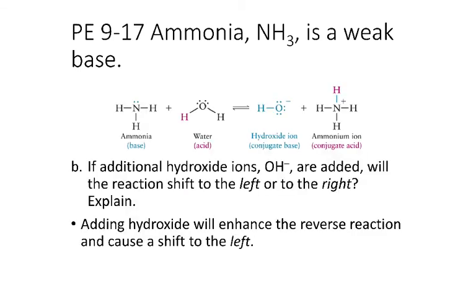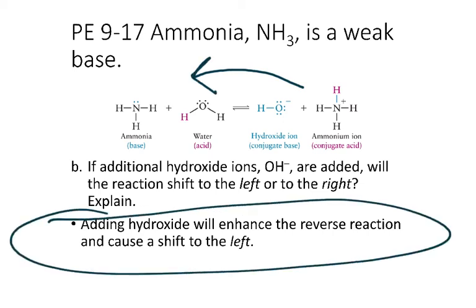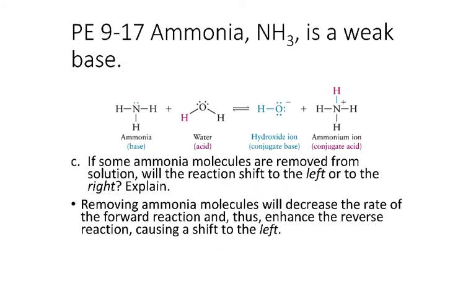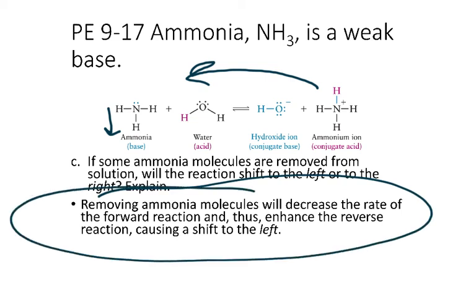Adding hydroxide will cause a shift to the left, enhancing the reverse reaction. Now, if we remove ammonia, so we have less of this, it will cause a shift to the left again to replace it. So, basic equilibrium stuff, but now applied to acid and base reactions specifically.